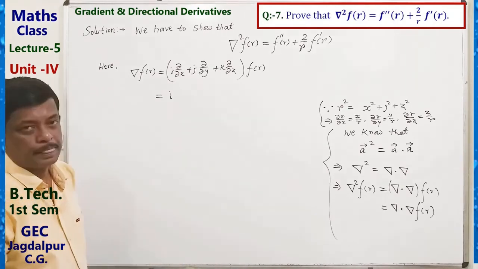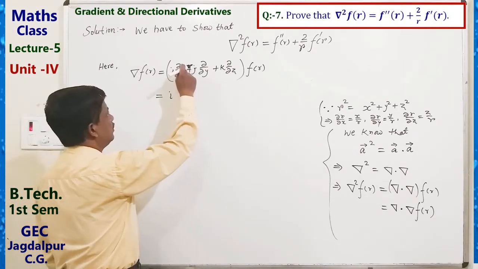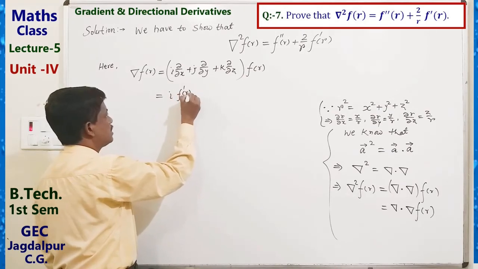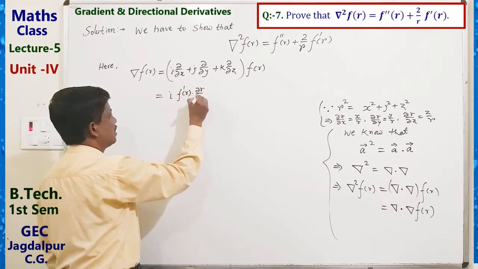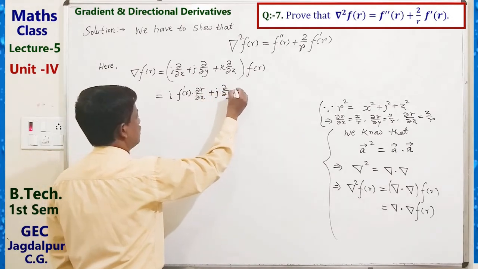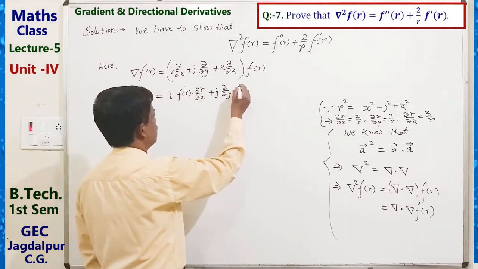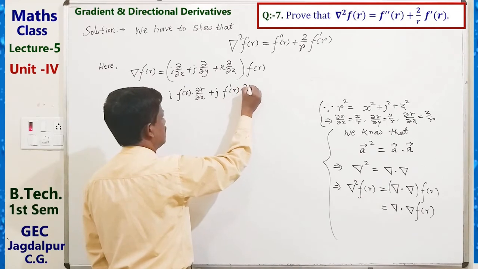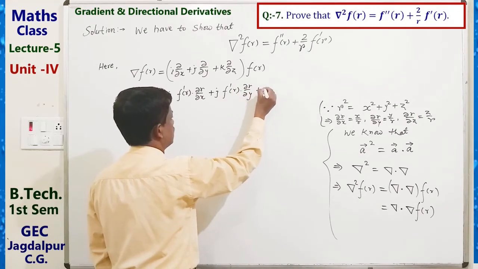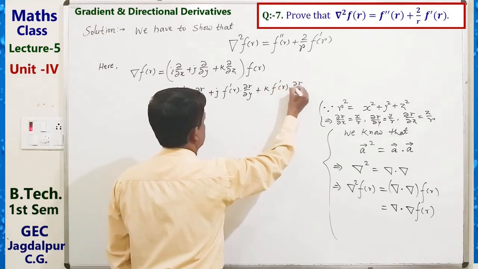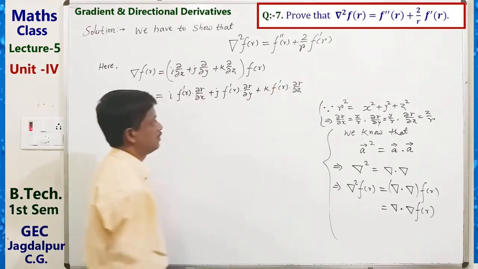Here, see, differentiation with respect to x gives f dash r del r by del x, plus j del by del y means here also f dash r del r by del y, plus k f dash r del r by del z.